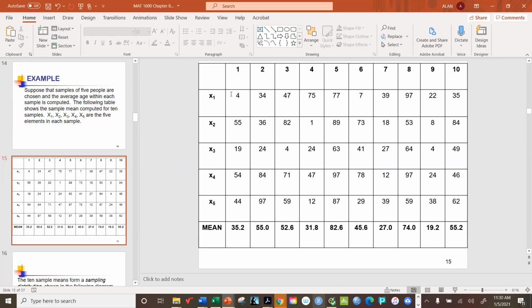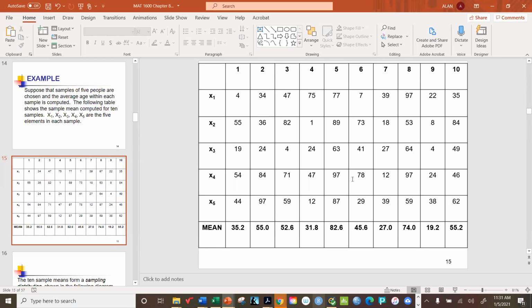And so in sample 1, I ended up with a mean of 35.2. And these are the actual ages. In sample 2, I've got a mean of 55.0. In sample 3, I've got a mean of 52.6, all the way up to sample 10, where I wound up with 55.2. So the key detail here is that each sample is different. And as a result, the sample means are different.